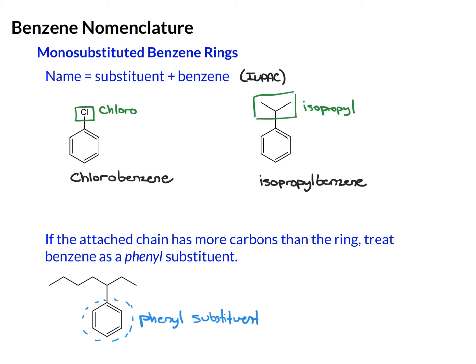So in this case, our chain is going to be the parent. We have a 7-carbon chain. And just like naming any other alkane, you want to number from the side nearest your first substituent. So in this case, that would be from the right. Here, the parent is heptane.